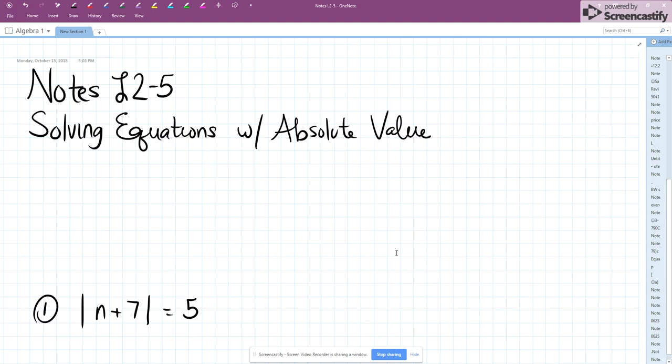These are the notes for lesson 2-5, solving equations with absolute value. Yesterday, we discussed the fact that the absolute value makes things positive.